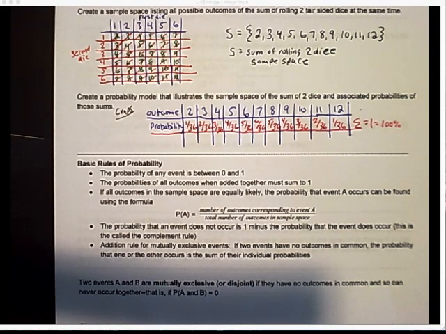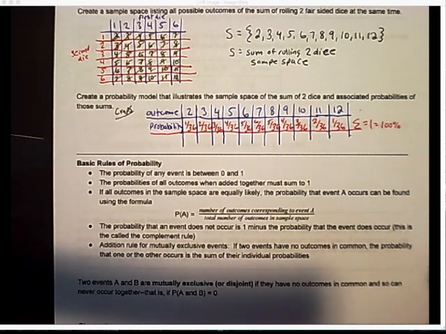Now, the third bullet says if all of the outcomes in the sample space are equally likely, the probability that event A occurs can be found by using the formula. And the probability of A would equal the number of outcomes corresponding to event A over the total number of outcomes in the sample space. Okay, so what does that mean? Like, let's say you just rolled 1 die.